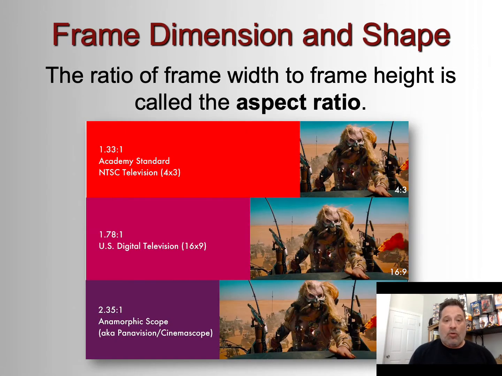Framing is important because it doesn't just have to do with how the movie is shot, but also how it's projected. The ratio of the frame width to the frame height is called the aspect ratio, and there are a lot of different aspect ratios.